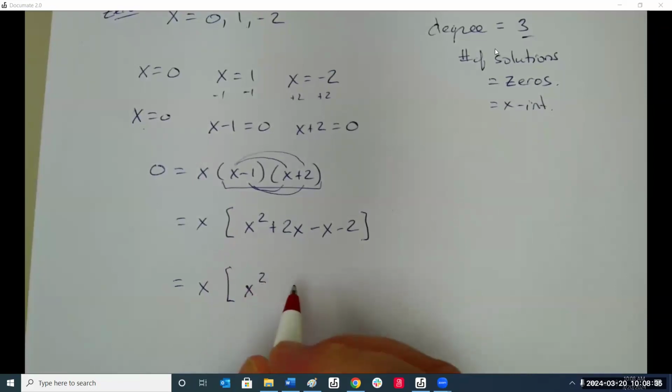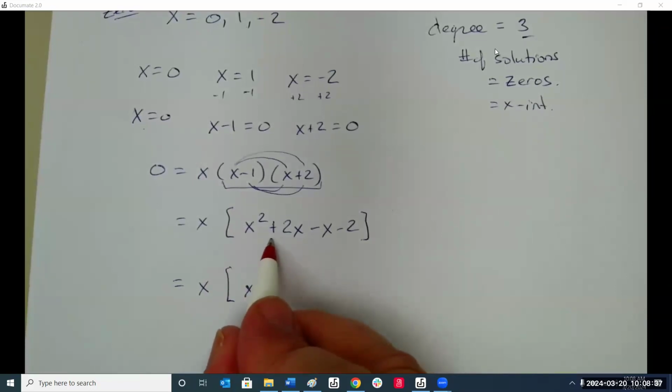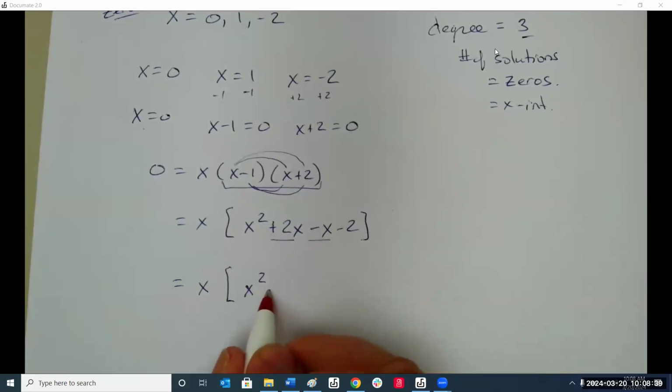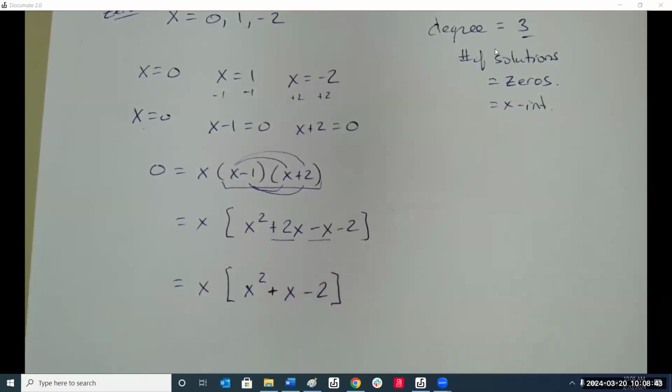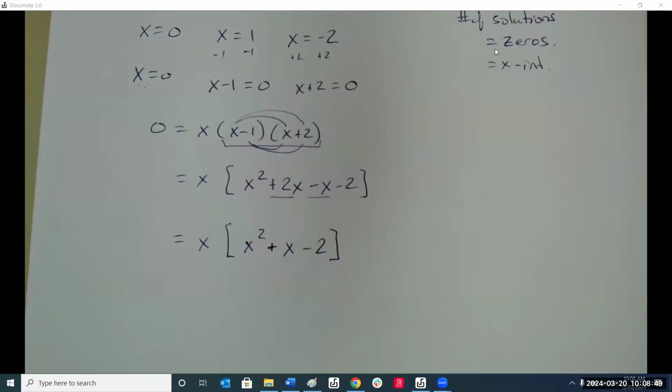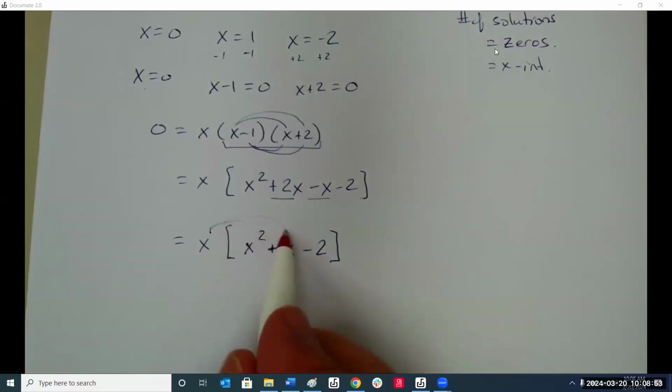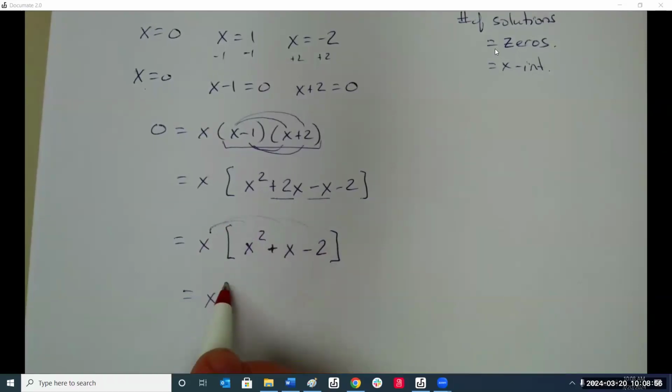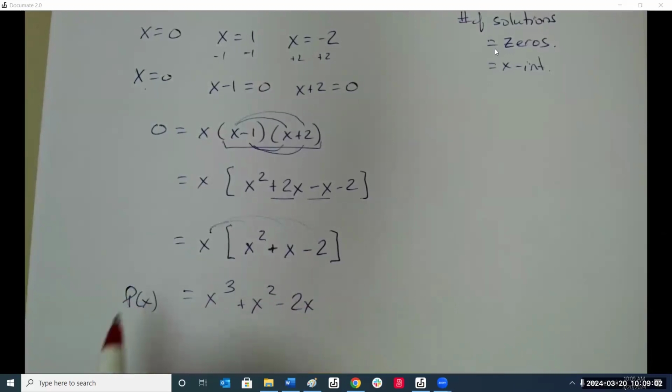Combine like terms. So positive 2 minus 1 is positive 1x. And then distribute the first one. And there's my polynomial that had those values as zeros.